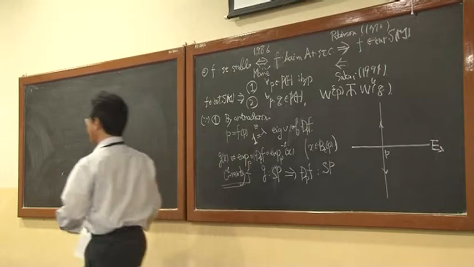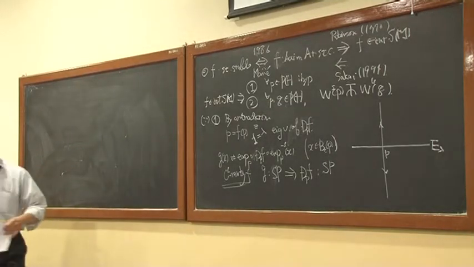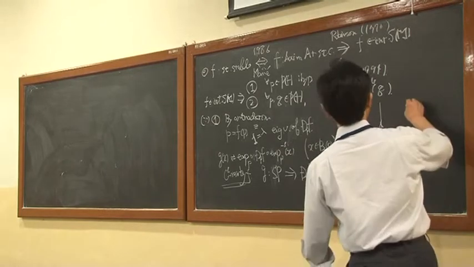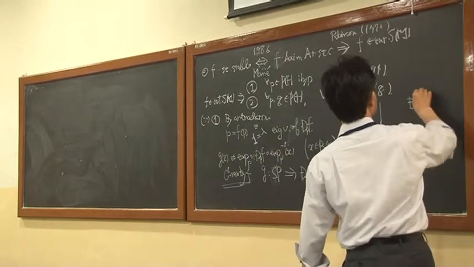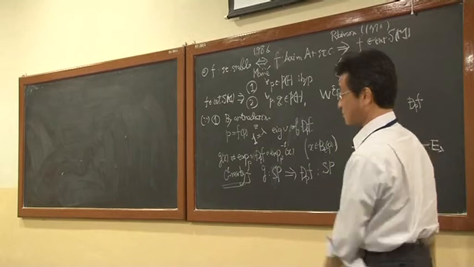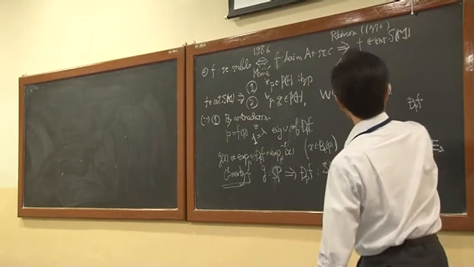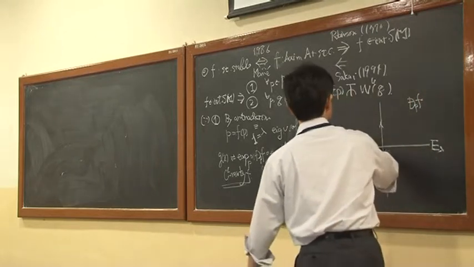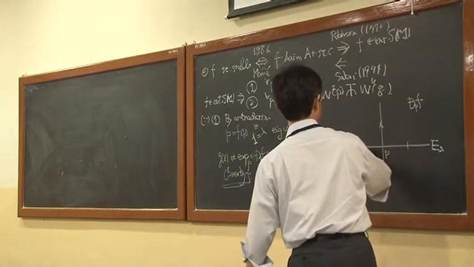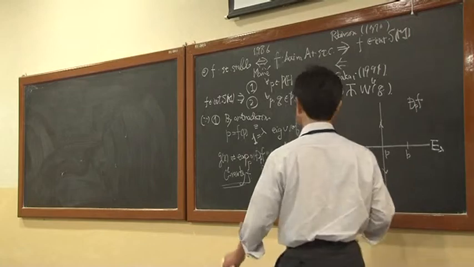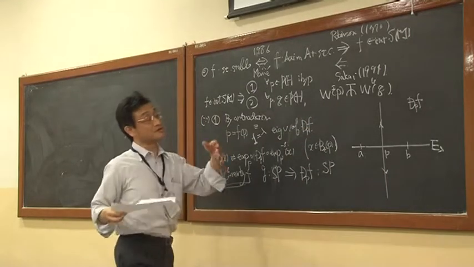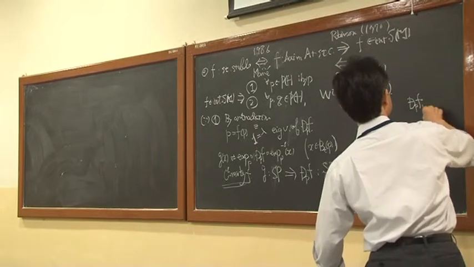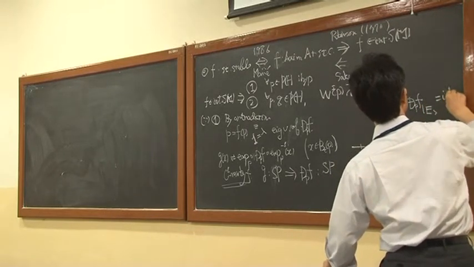Remember this map has the shadowing property. So we fix these points, for example A and B, and we construct the pseudo orbit. The restriction is the identity map.